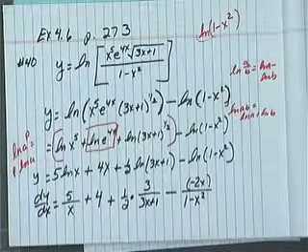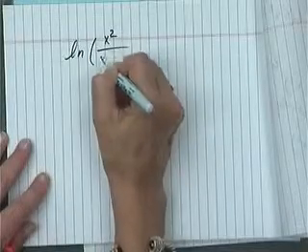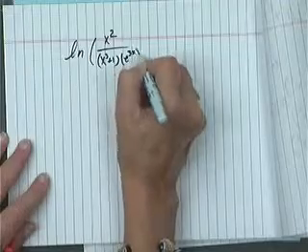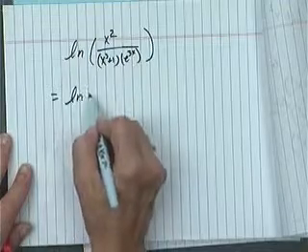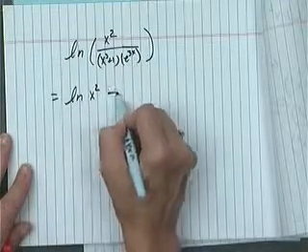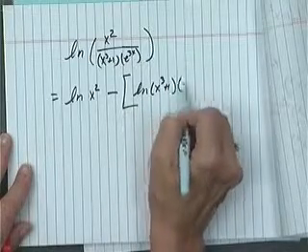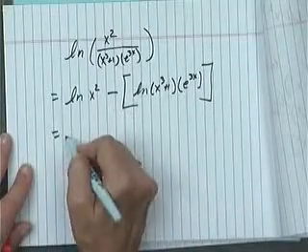So if the larger part was in the denominator, would it matter then? Oh, yeah, I just got your question. Good thinking. If it had been something like the natural log of x squared over x cubed plus 1 times e to the 3x, when you use your properties, you would have natural log of x squared minus, and you will have to use parentheses, natural log of x cubed plus 1 times e to the 3x, and then I'm going to keep going.